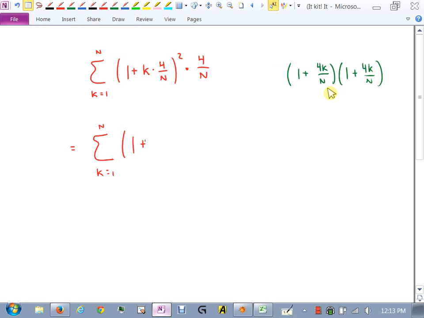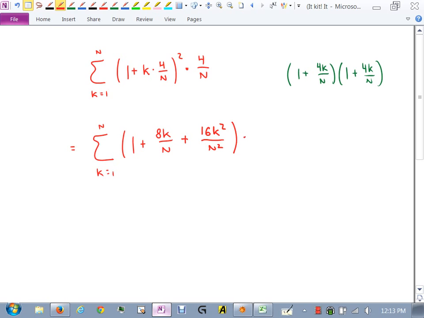If you take 4k over n, you add another 4k over n. So it's 8k over n in the middle. 8k over n. And then we do the last ones, this times this, and we get 16k squared over n squared.